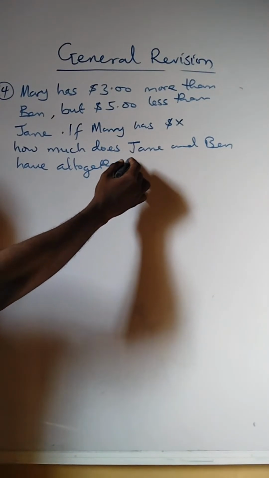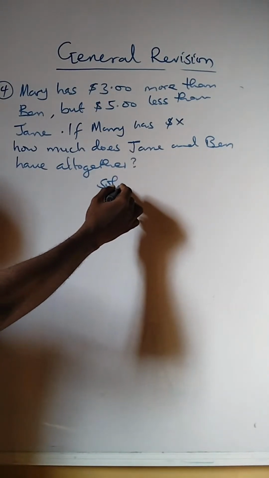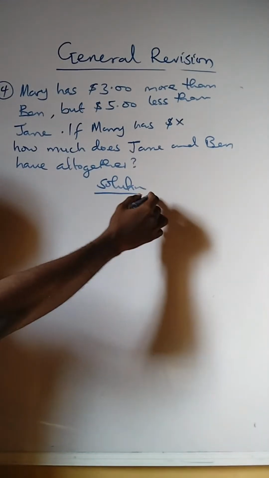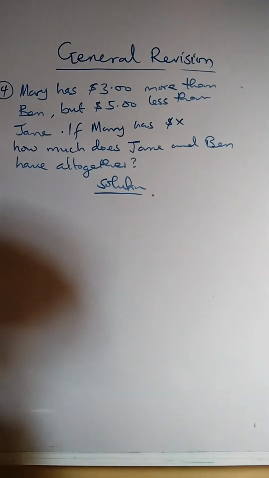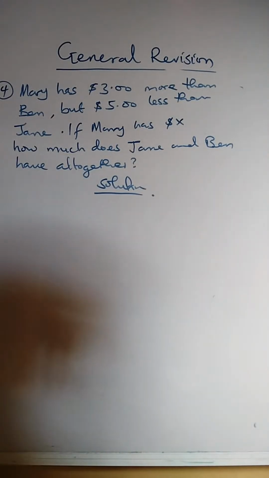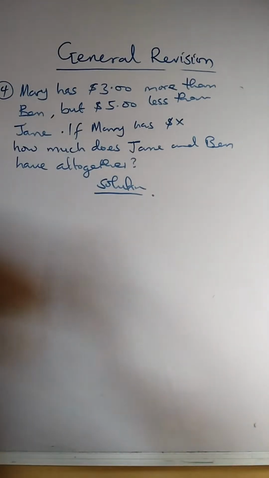So this is a problem that after interpretation, we can get what we are asked to find, and that will be in terms of X. Mary has $3 more than Ben, and $5 less than Jane.